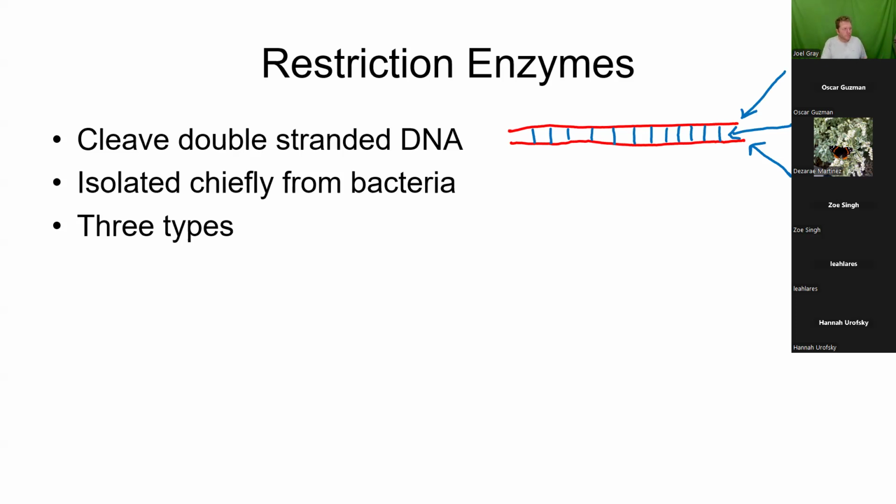Now, what restriction enzymes do is they break phosphodiester bonds. Now, I say that and I want to lead with this because we're going to get into some of the nuances of that.